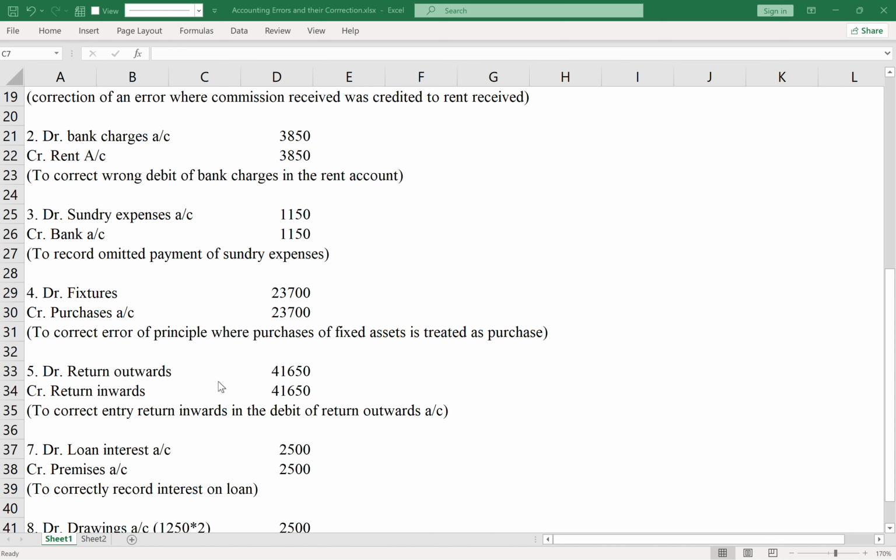So here we are going to correct it: return outwards we debit, where the return inwards we are going to credit, for the same amount. So to correct entry of return inwards in the debit of return outwards account.